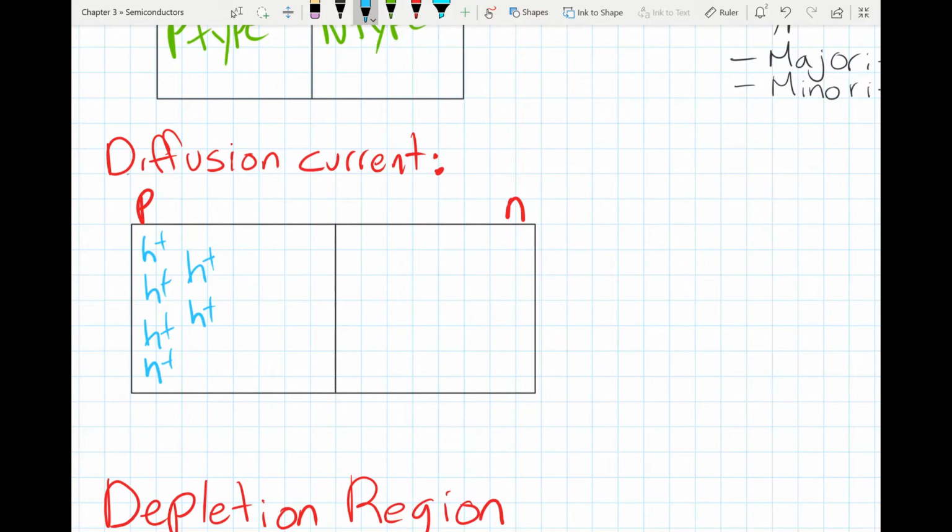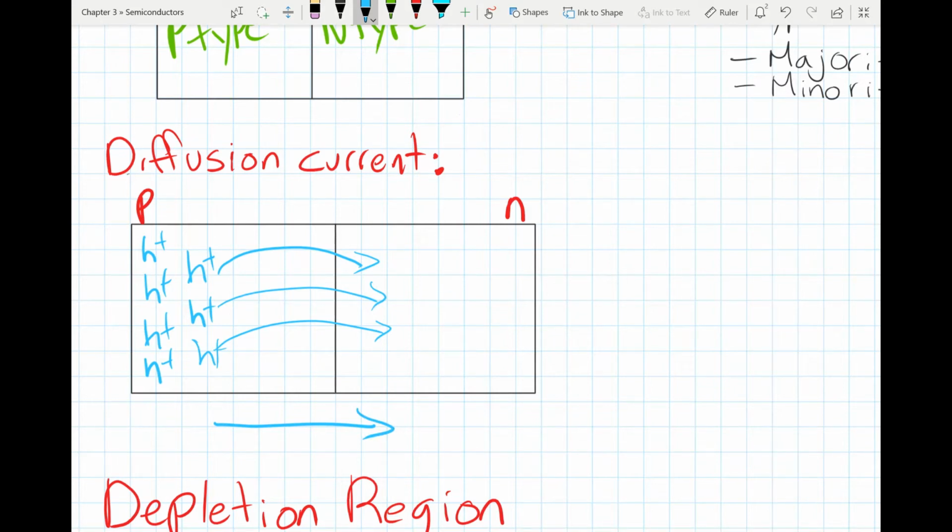Having a higher concentration on the p side and a lower concentration on the n side, the holes are going to try to diffuse into the other side. This is all related to diffusion current, and we talked about that in the previous video. So these holes are diffusing from left to right, from the higher concentration to the lower concentration, creating a current going from left to right.